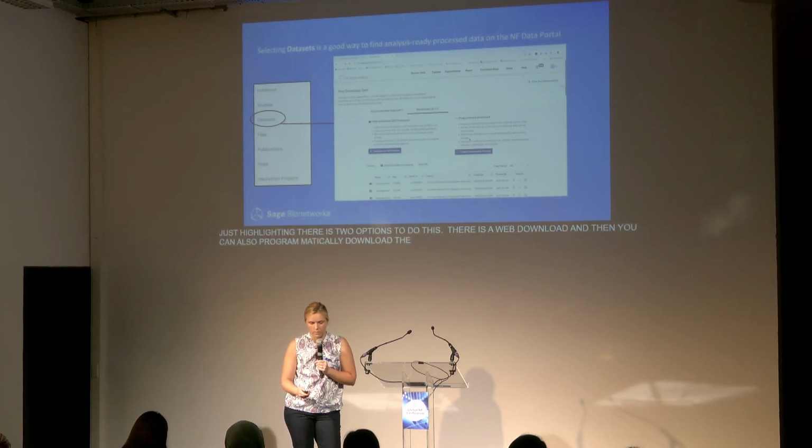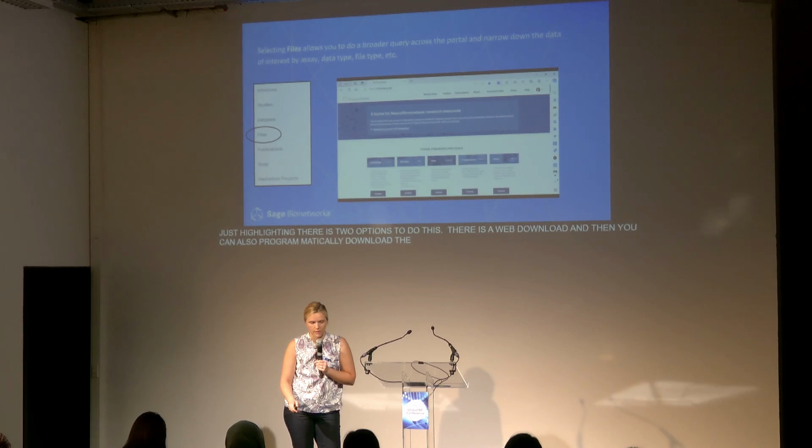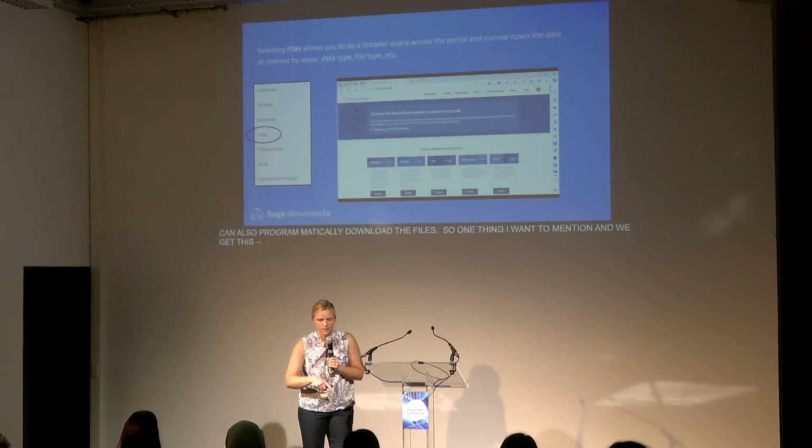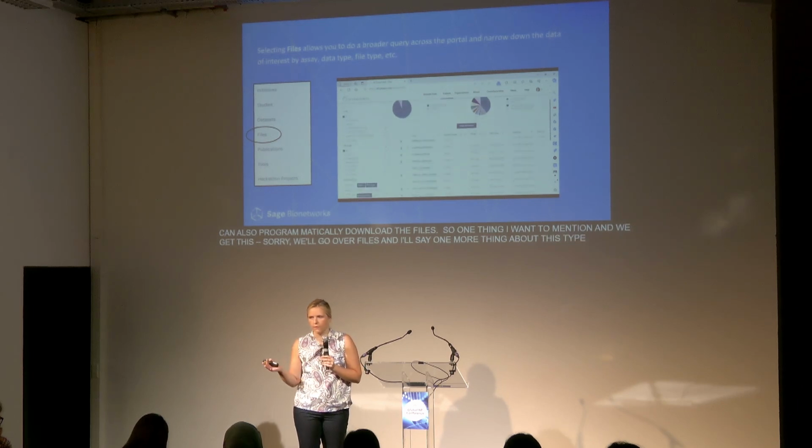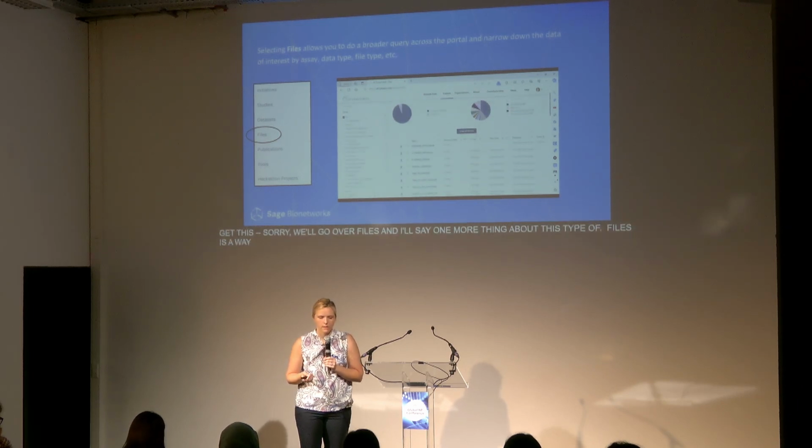Okay, so one thing I want to mention, we'll go over files, and then I'll say one more thing. Files is a way of querying all of the data that's on the portal. This might be a really good way to narrow down.